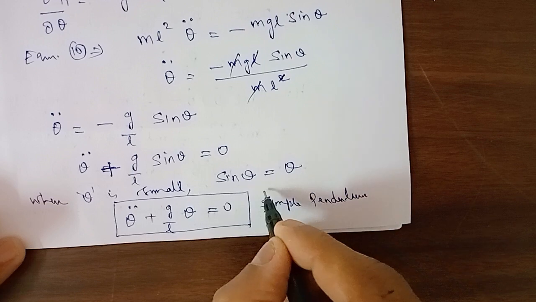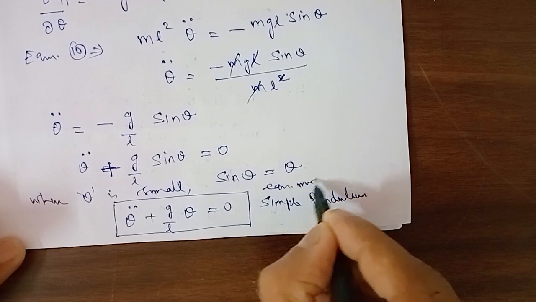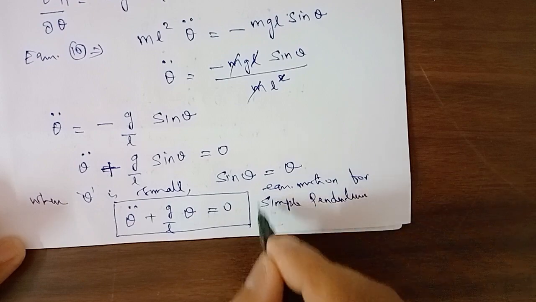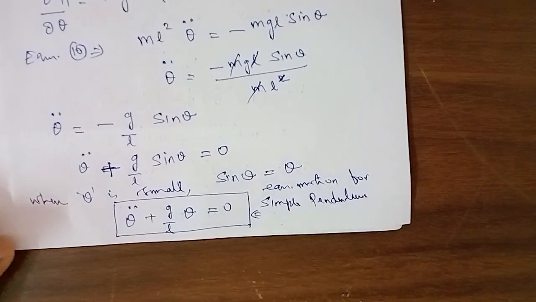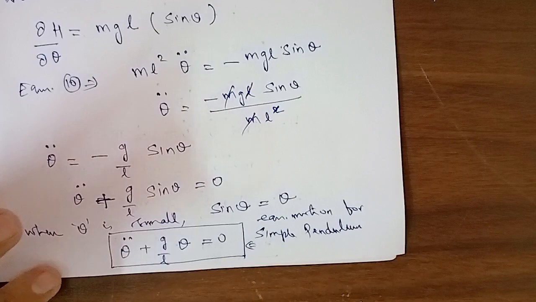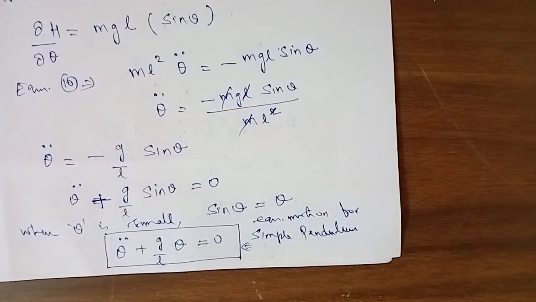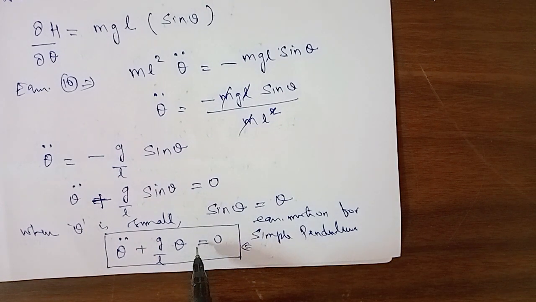Equation of motion for a simple pendulum: theta double dot plus g by l theta is equal to 0. This is called Hamilton's canonical transformation equation of motion for a simple pendulum.